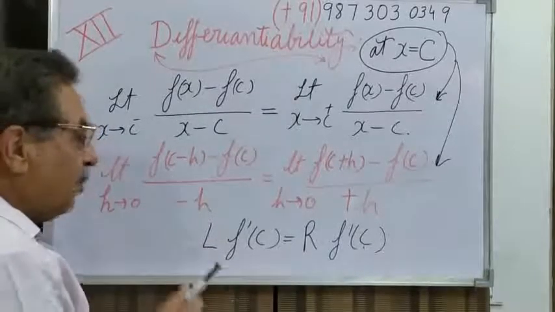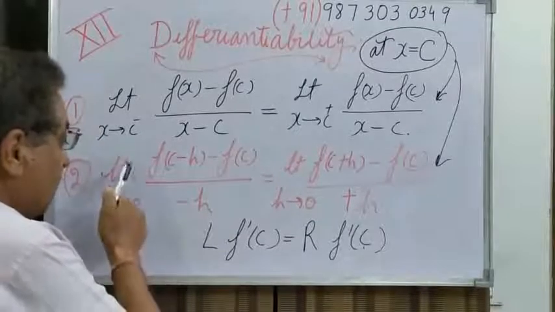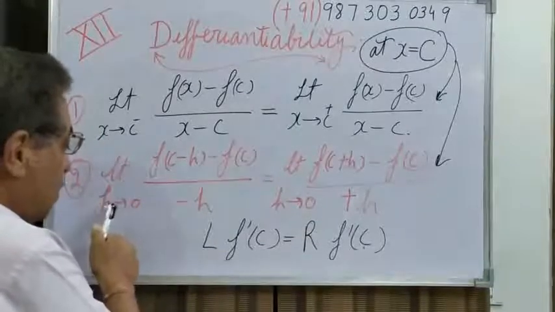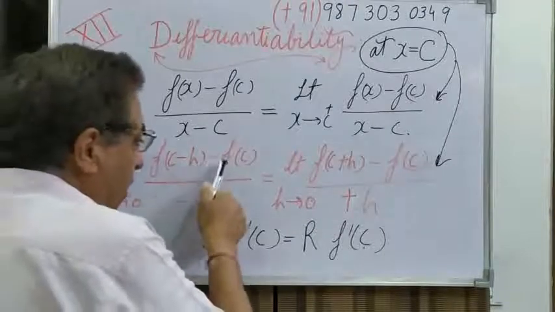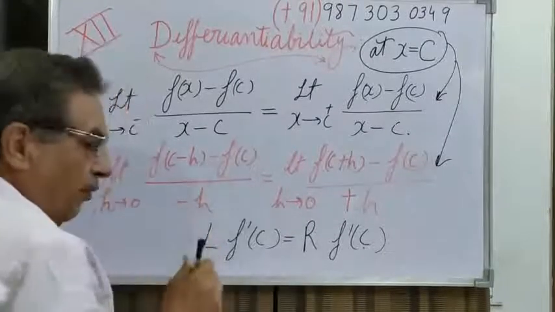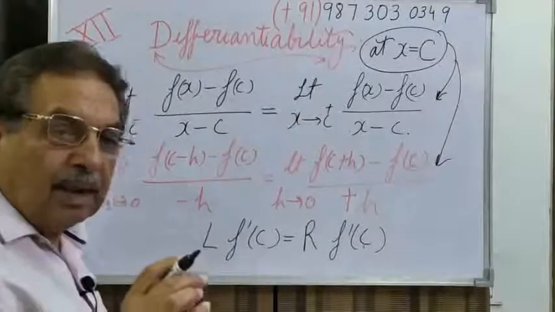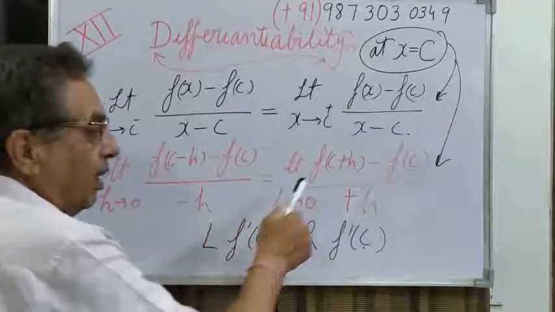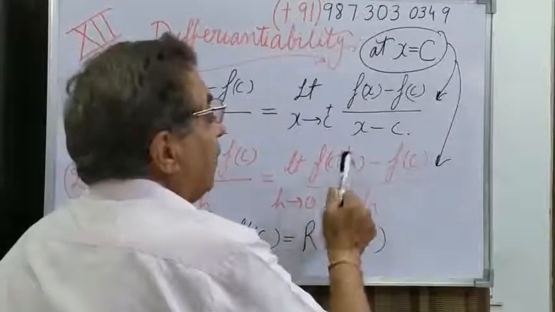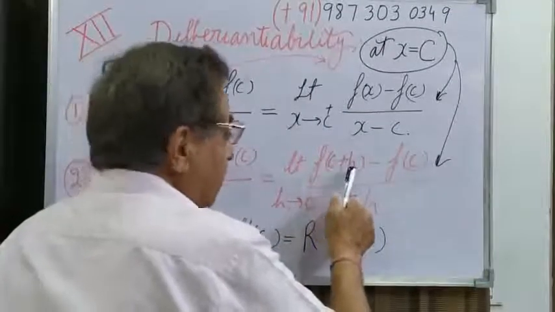After taking these two, we will go for the left hand limit, h approaches 0, of (f(c minus h) minus f(c)) upon minus h, where h is a small value which is subtracted from c, or here the small value h added to c.